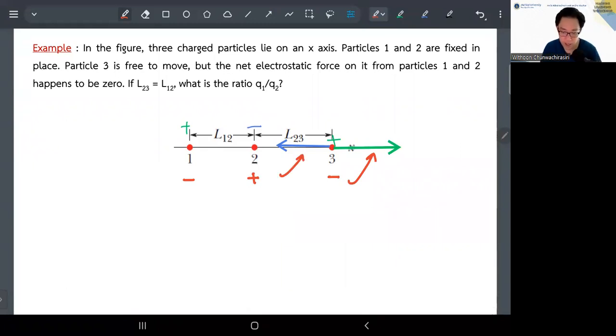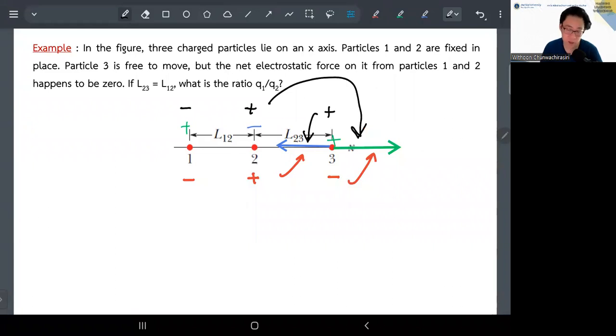All right. Or on the other hand, you might say, well, John, what if I assume that charge number 3 is positive, but charge number 1 is negative? That is fine. If this is the case, the interaction between 1 and 3 will give you the blue vector. It's an attractive force. Does that make sense? And then it forces you to conclude that charge number 2 must be positive, because this will provide a repulsive force, the green one, to cancel the blue vector out.